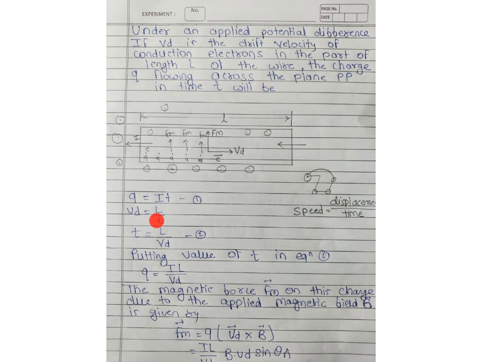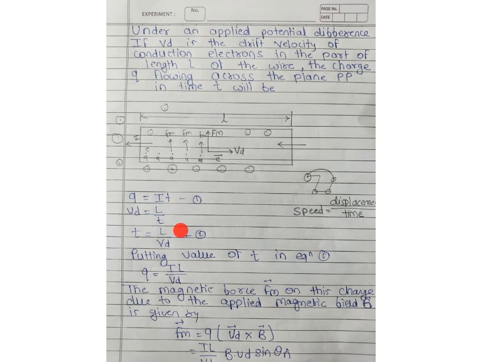Therefore, Vd, the drift velocity, is equal to L. What is L? L is the length of this conducting wire. Therefore, Vd is equal to L upon t.